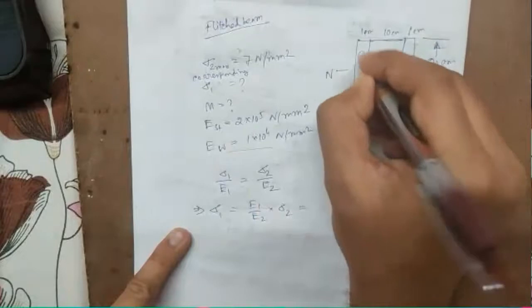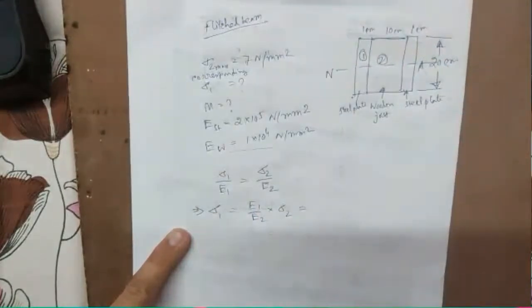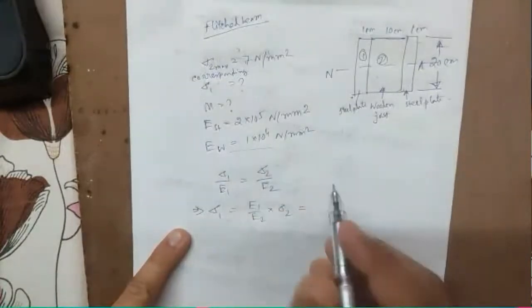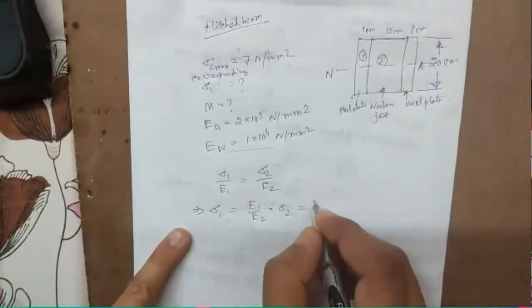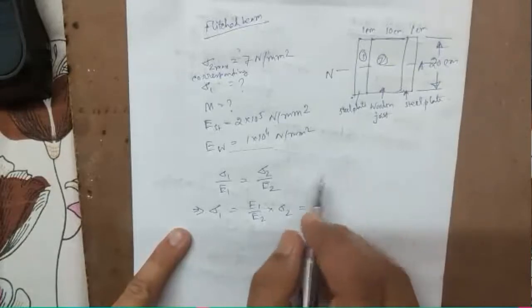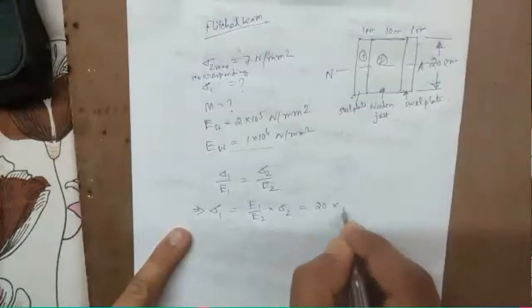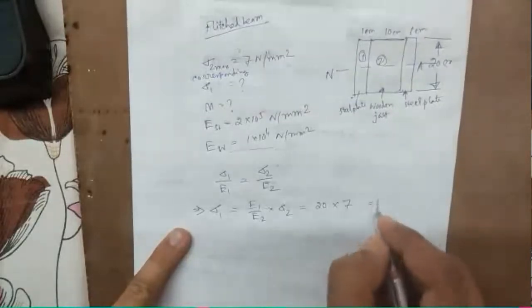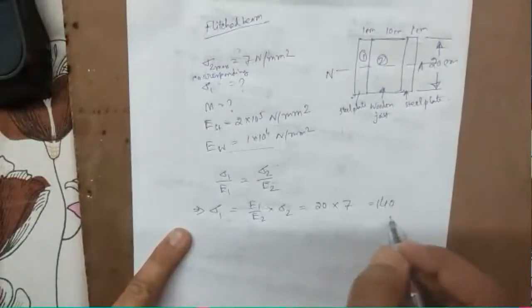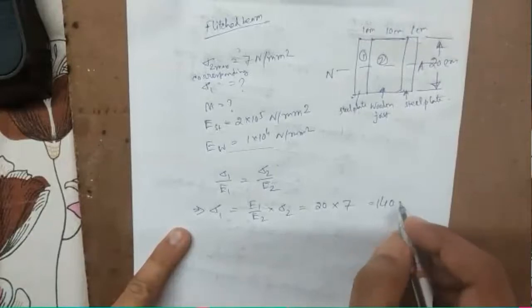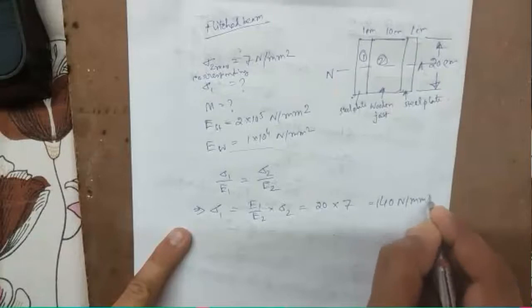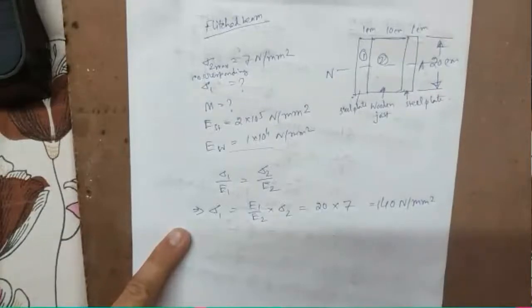This is 2, say this is 1. So in that case this E1 by E2 will be 2 into 10 to the power 5, means 20 into 10 to the power 4. So that means it will be 20 into sigma 2 is 7. So this will be corresponding stress at steel bar will be 140 Newton per millimeter square.